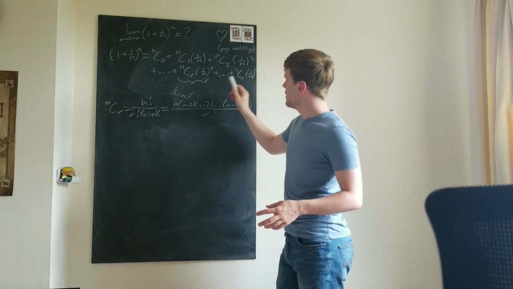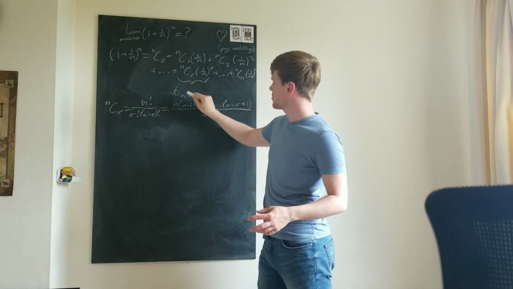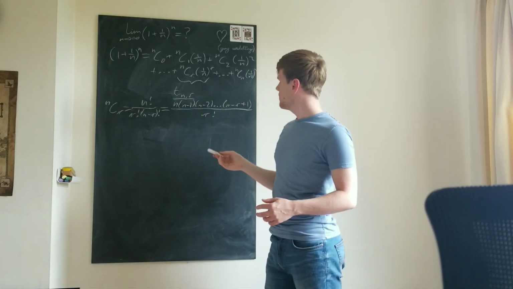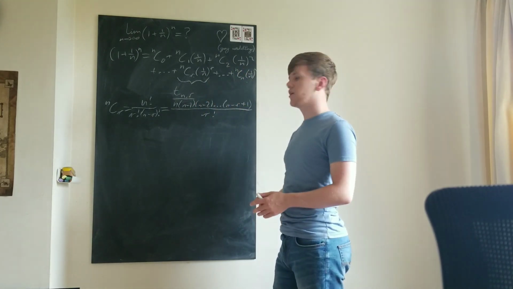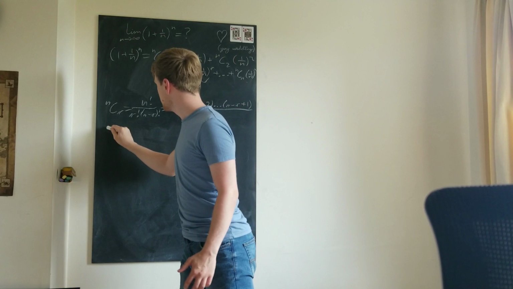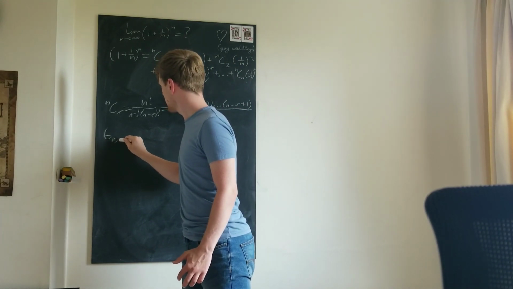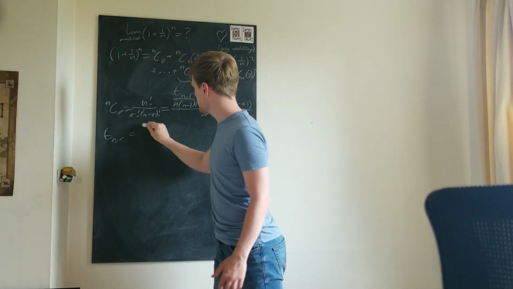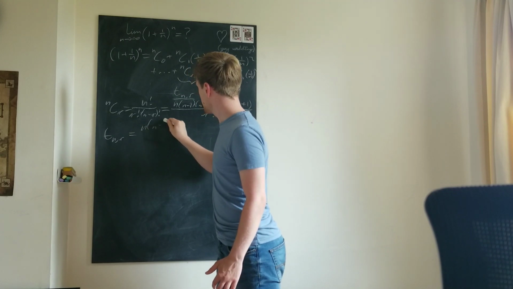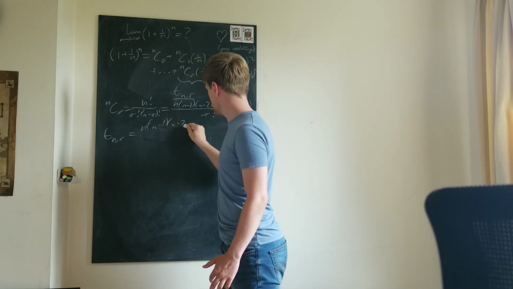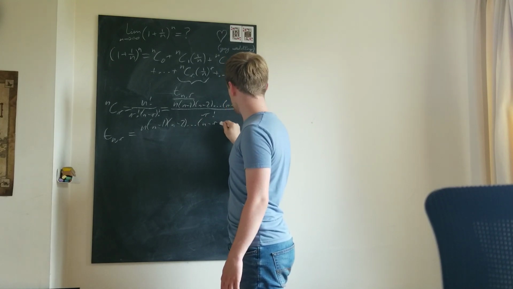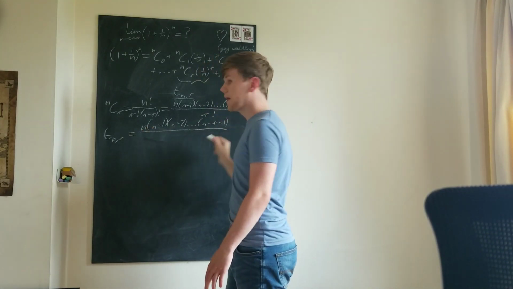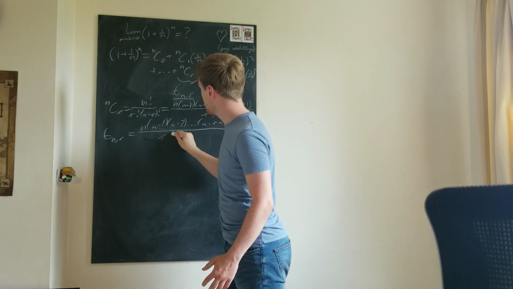And now we can introduce this to get a better grasp on T_n,r. So T_n,r is just n choose r divided by n to the r, and so T_n,r is going to be equal to n minus 1, n minus 2, and so on, up to n minus r plus 1, divided by r factorial times n to the r.